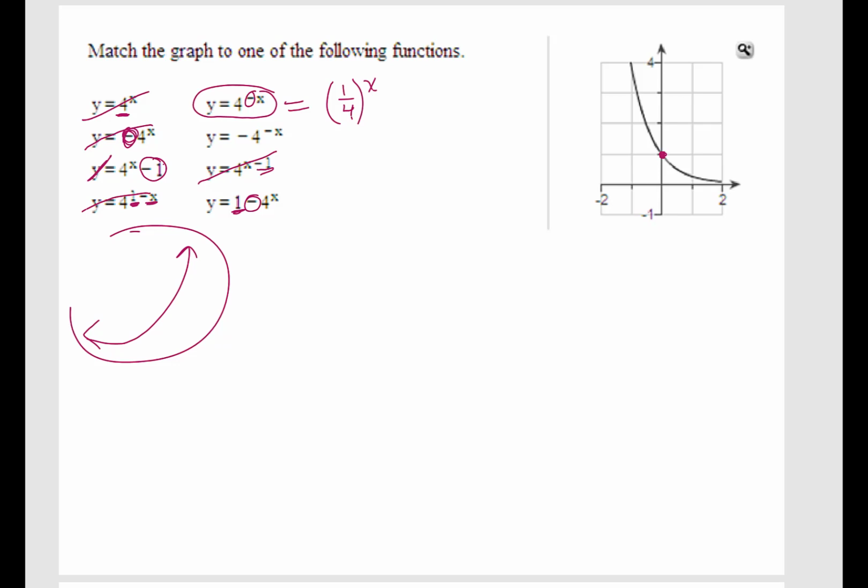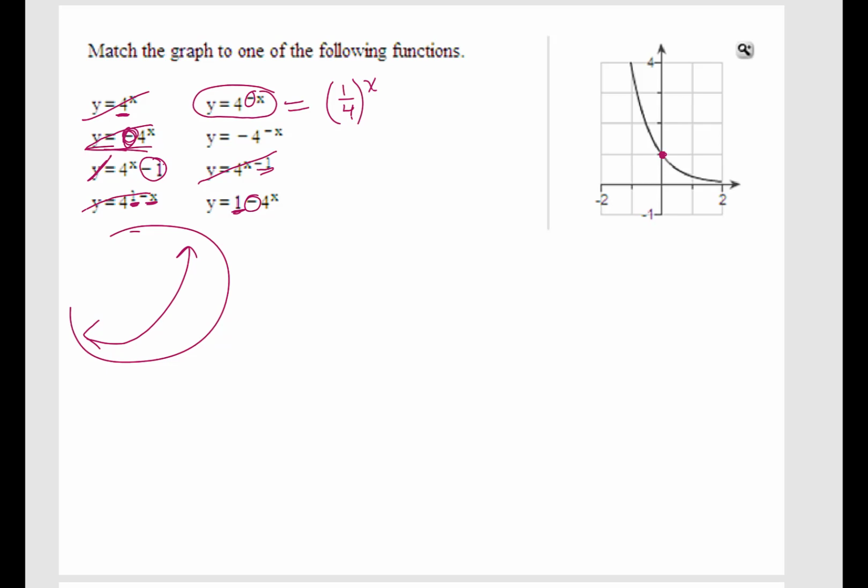So a couple of things, I would say graph it, graph it, graph it. Graph them, but if you do remember transformations, then most definitely eliminate the ones that you can. But I would still graph the ones that you have remaining because you might have been mistaken and eliminated something. I think on one of these, I said it was going to reflect over the y-axis, and I meant the x-axis.